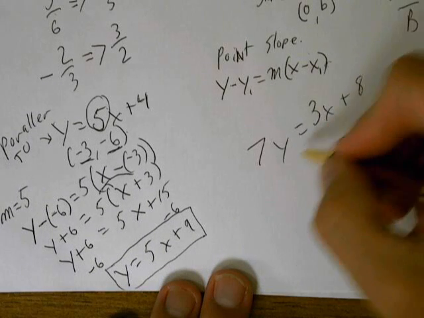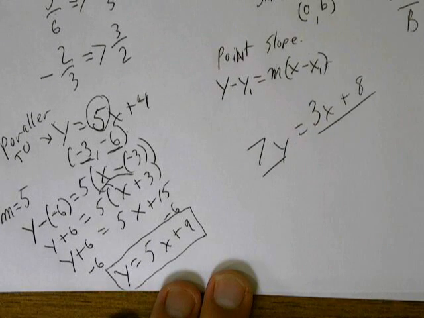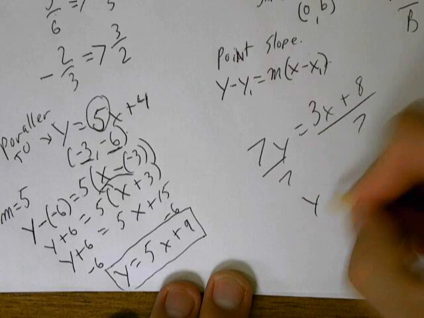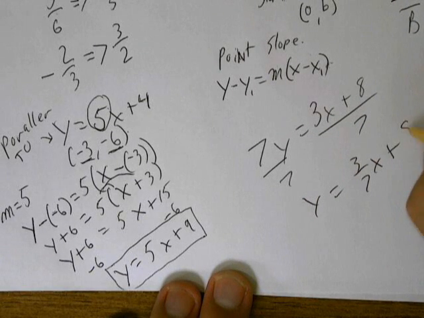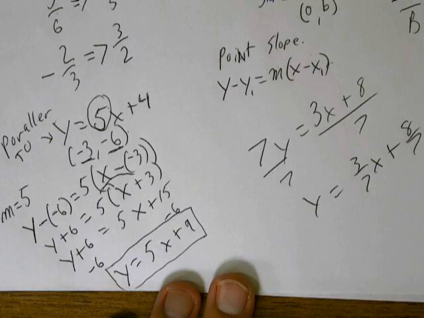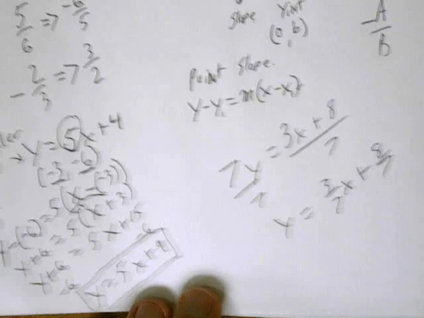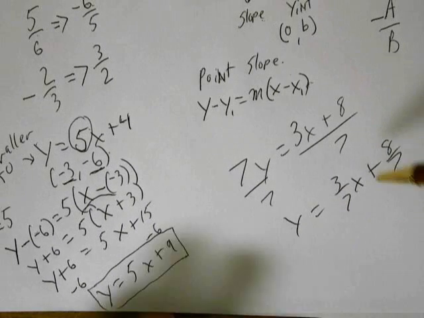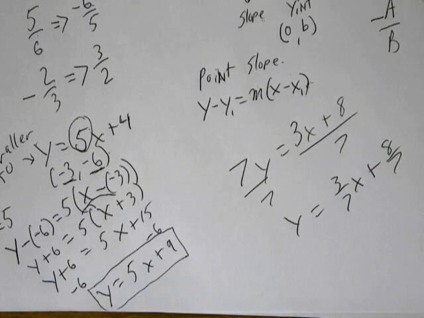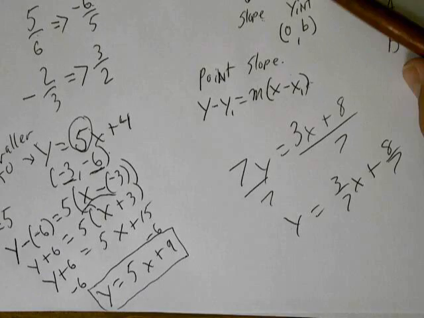And right at the end you go, oh, I need to divide both sides by 7. You get y equals 3/7 x plus 8/7, and just that fast, they'll fall out right at the end. This is in slope intercept form, right? So don't let those freak you out in the homework assignment.